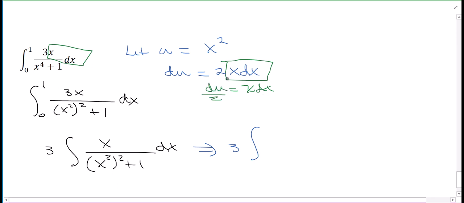Divide both sides by 2 to get just x dx, the stuff in the box. So then x dx gets substituted by du over 2. I'm going to put the 1/2 outside and the du on the top. And then the bottom is x squared, but that's u, so it's u squared plus 1. And I already have my du there.